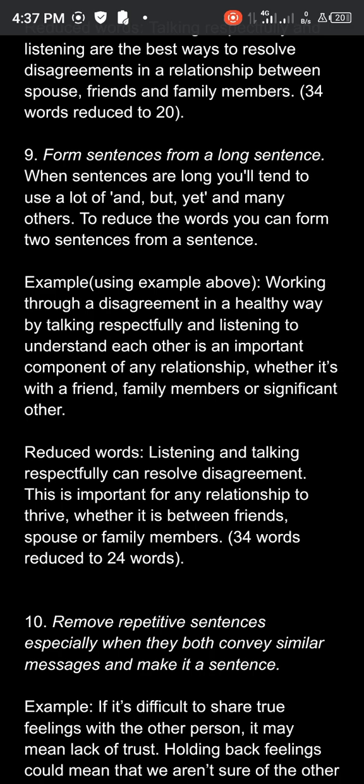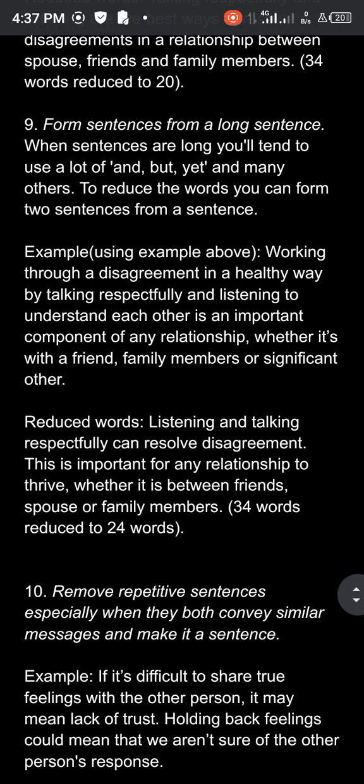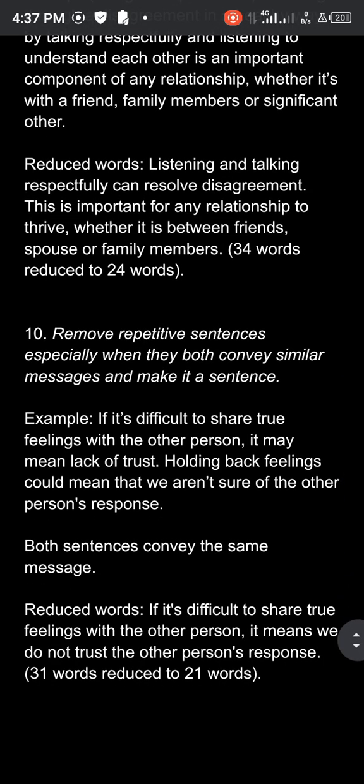You can form 2 sentences from one sentence, like we did in the example. Then the 10th one, remove repetitive sentences. If the sentence is conveying the same message, remove it entirely. Especially if there are 2 sentences, just take only one, like the example we gave.